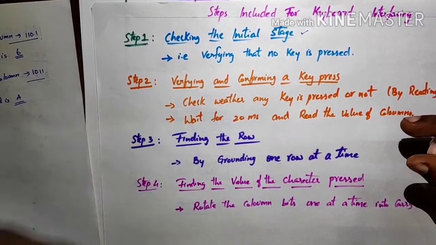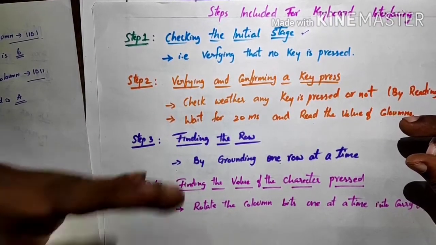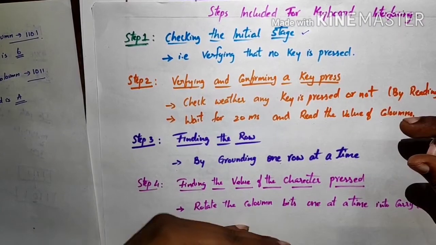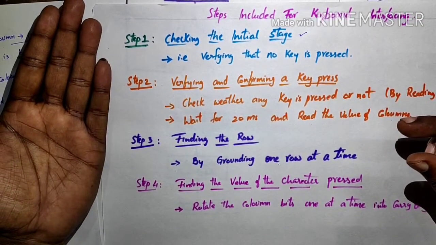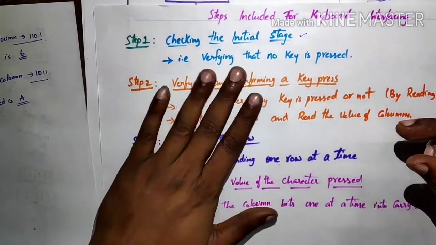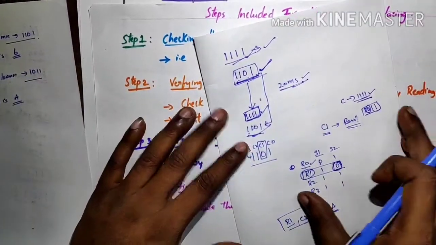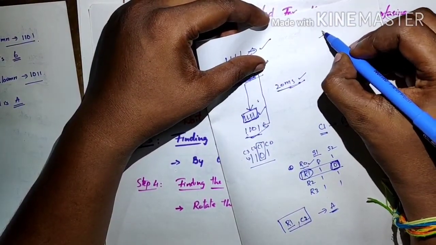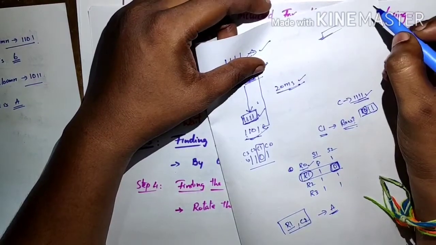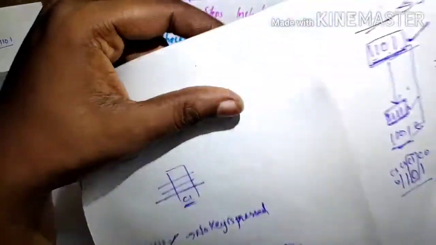Okay, so after finding the particular key, we will fetch the ASCII value of our character from the lookup table. Now we may have a doubt about how much time it will take to do all this process.